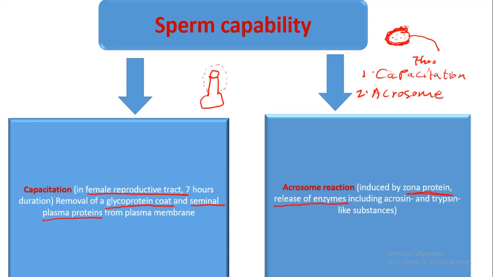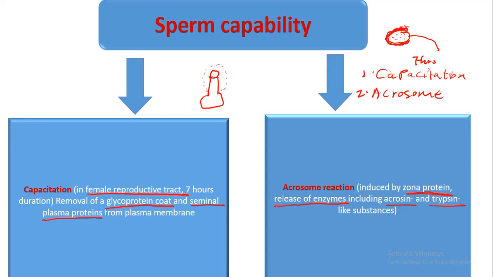The sneezing is what I'm referring to as the release of enzymes. These enzymes are acrosin and trypsin. These are enzymes coming from the sperm side after the sperm notices the Zona proteins. Now the sperm is capable of causing fertilization.